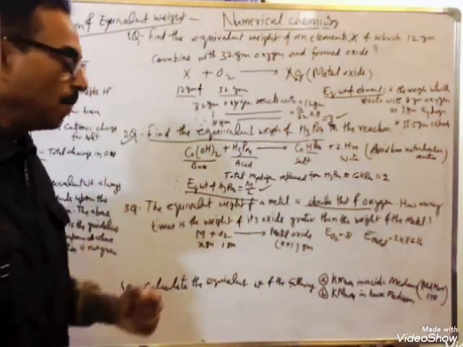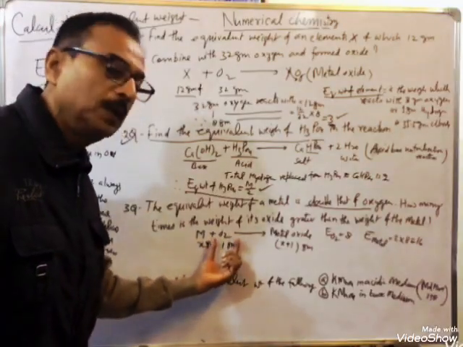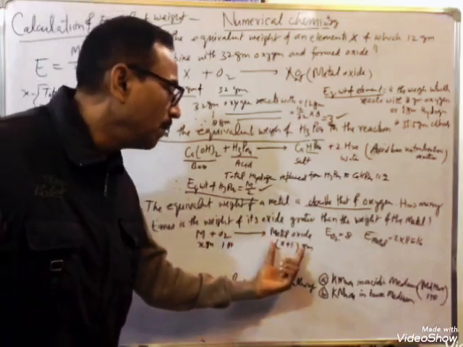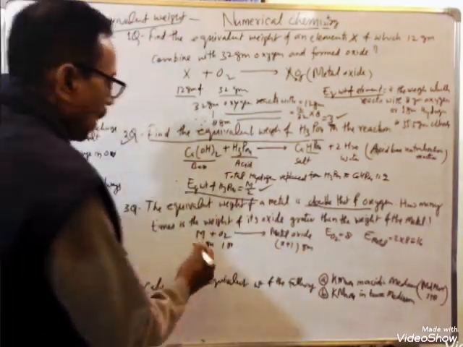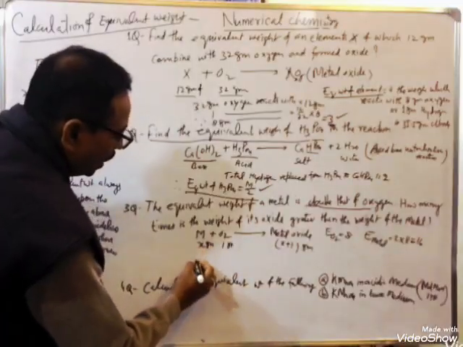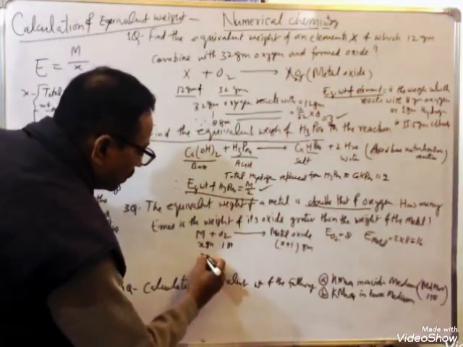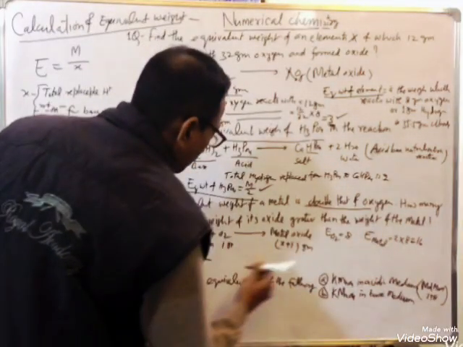As per the law of gram equivalent, the same number of equivalents of one reactant reacts with the other reactant and forms the same number of gram equivalents. The equivalent weight of the metal is 16. This is the gram equivalent.